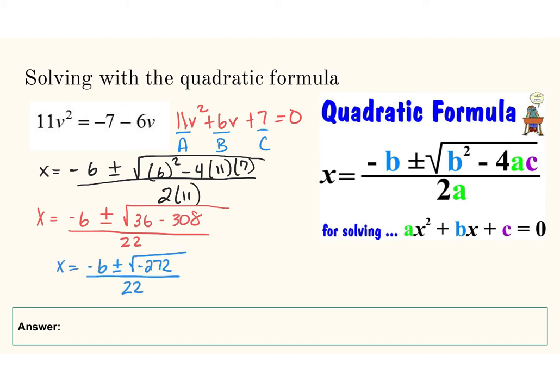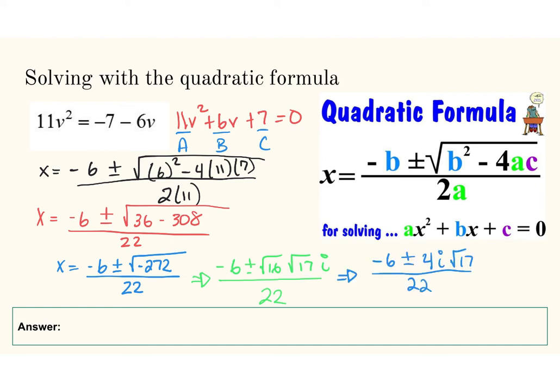And now I am just going to simplify my radical and then my fraction. So I'm breaking up my negative 272 into factors of 16 and 17, and i because it was negative. And now I'm just going to simplify my fraction. Don't forget to reduce fractions if necessary.